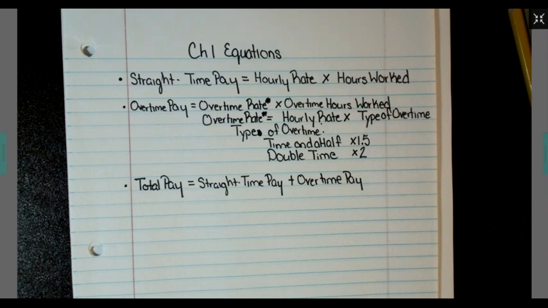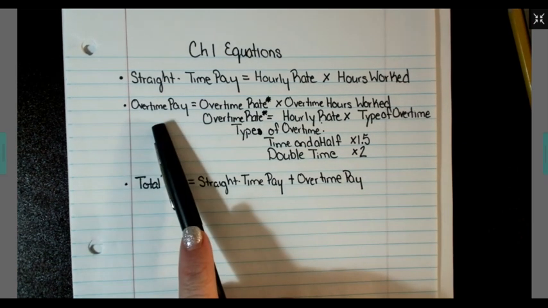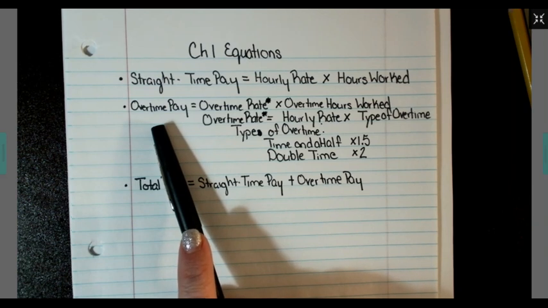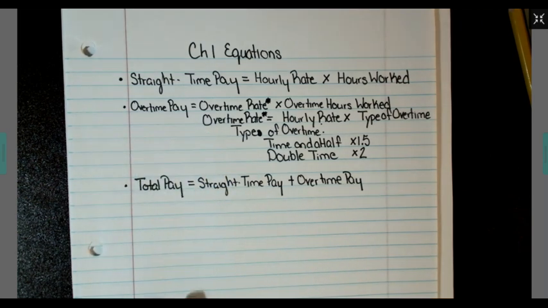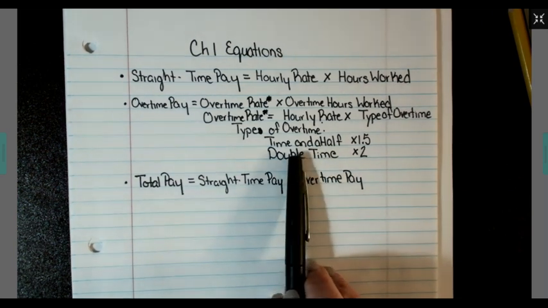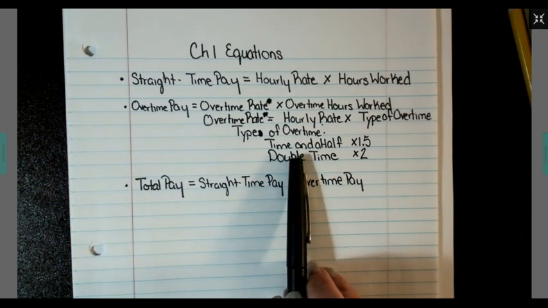There were 3 vocab words on the previous slide. Let's talk about those. Overtime pay: this is extra pay for hours worked beyond the regular number of hours. Time and a half: an overtime pay rate of 1.5 times the regular hourly rate.